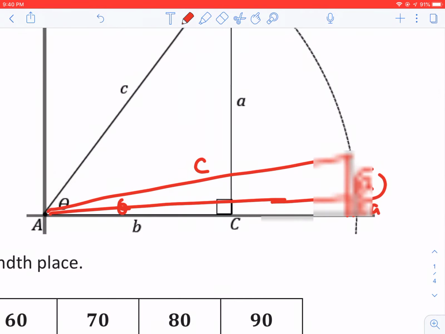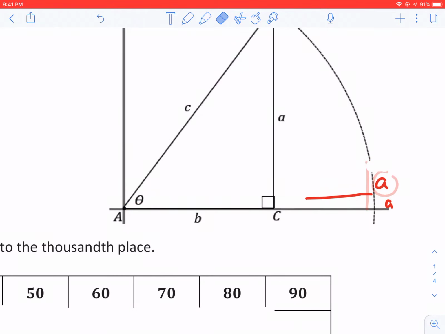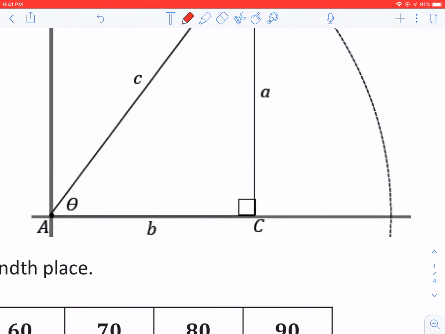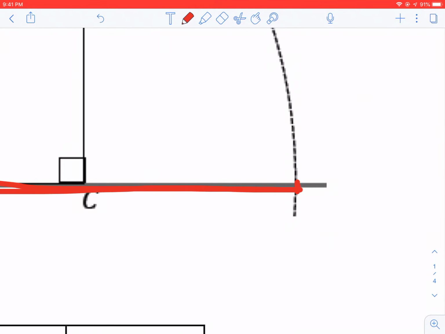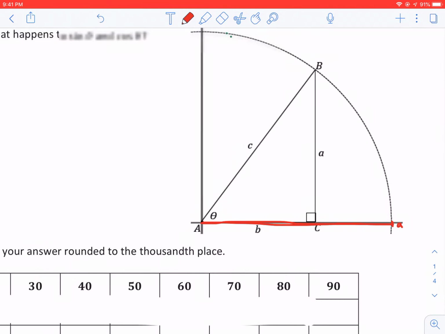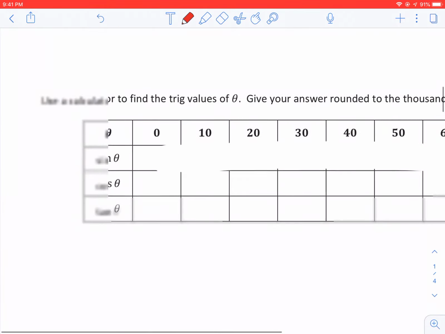So as we approach 0 degrees, A is getting closer and closer to 0. At 0 degrees, we obviously can't draw a triangle. It would just be a flat horizontal line. So if you imagine the height of this triangle, that would be A. There is no height. The height is 0.